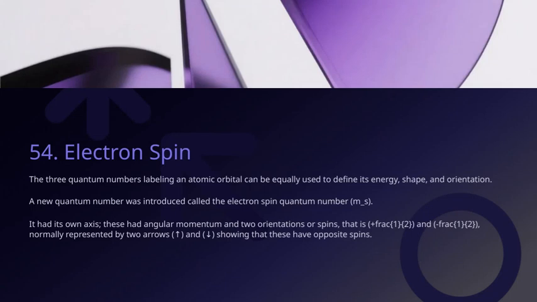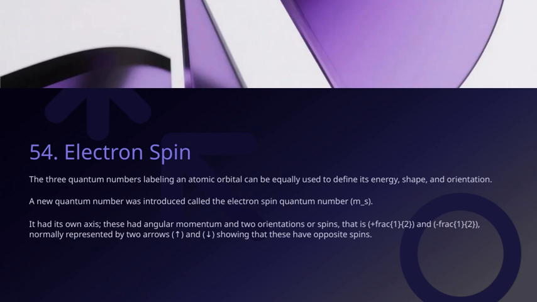So, each electron has its own axis of spin, which means it possesses angular momentum. These electrons can have 2 distinct orientations or spins, which are labeled as +1/2 and -1/2. You can think of these as 2 arrows pointing up and down, respectively, to visually represent their opposite spins. This concept of spin was quite a breakthrough because it introduced a new quantum number called the electron spin quantum number, or MS. Now, with this addition, we see that the 3 quantum numbers, N, L, and ML, that already describe an atomic orbital can also be used to define its energy, shape, and orientation comprehensively.